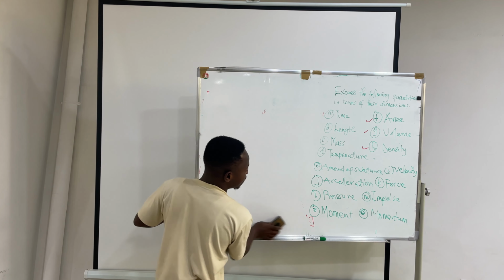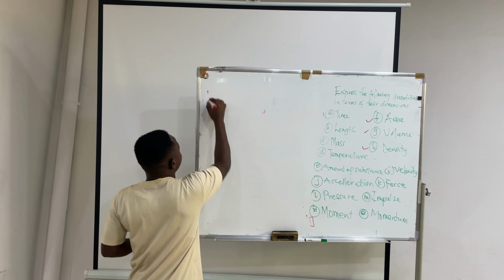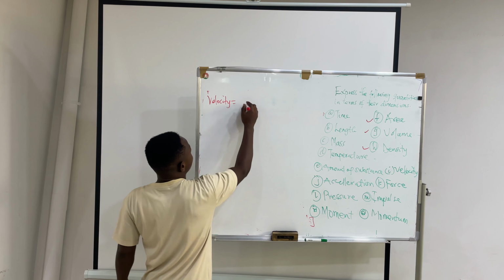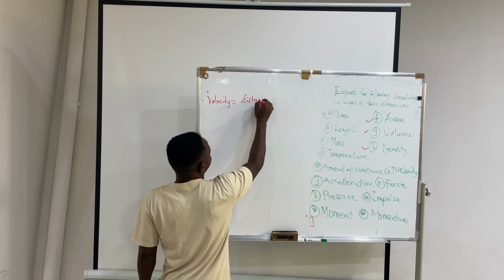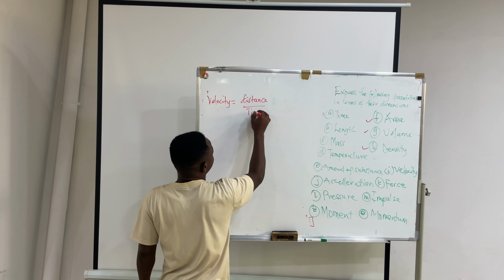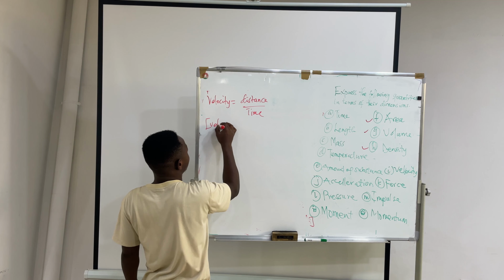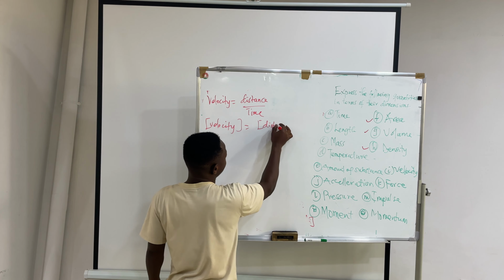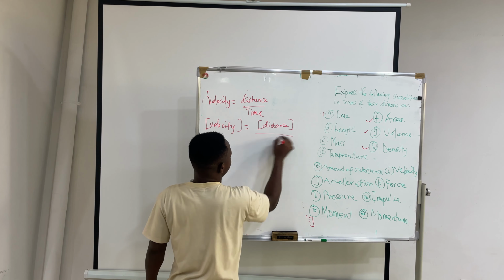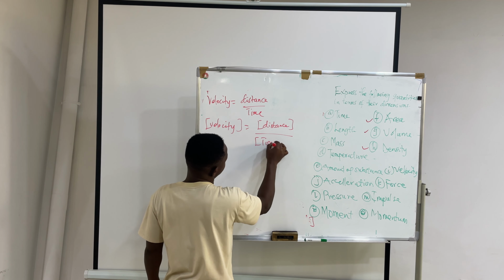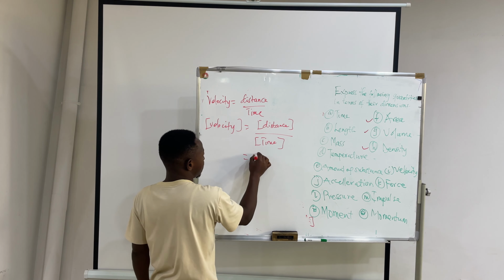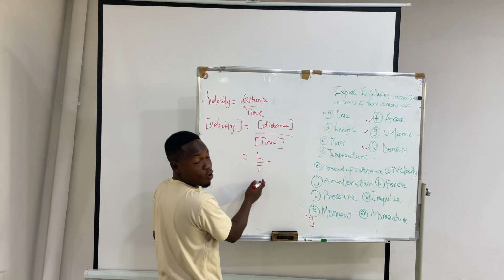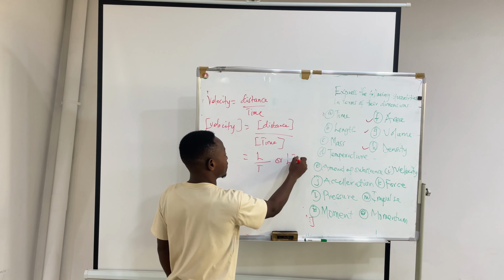Now we are moving on to velocity. Velocity is distance over time. So the dimension of velocity will be equal to the dimension of distance or displacement over the dimension of time. This will give us distance is length, time is T. So I can either write this or I can write this.